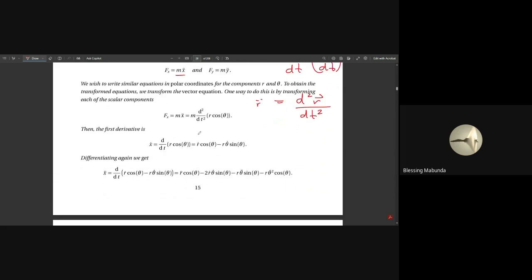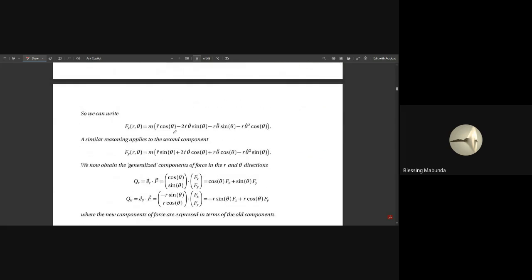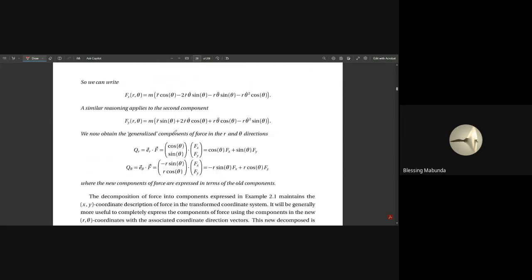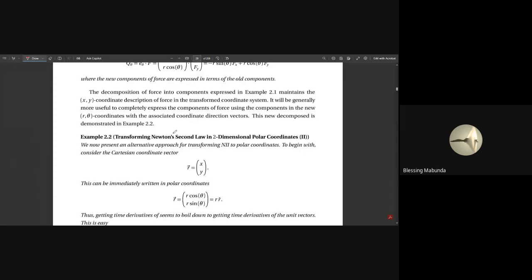All right, so just quickly, with x double dot, that means we look at the second derivative of x, right? And for y double dot, that's going to follow the same procedure. Essentially, we have x, which is equal to r cosine theta, right? This is the definition of x for polar coordinates.